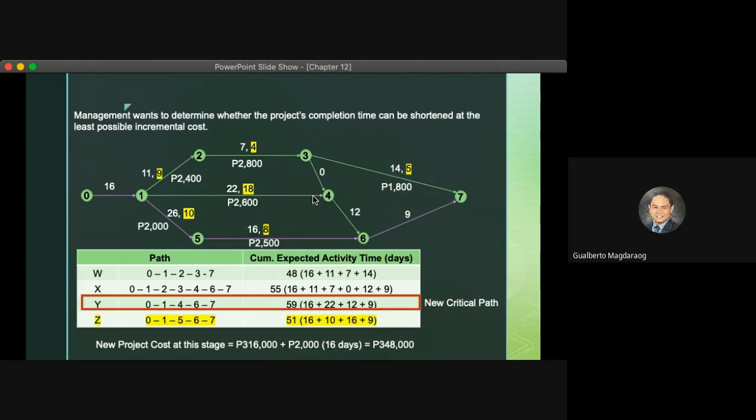Okay, so with the shift of the critical path, we can still shorten the period of the entire project. But this time we will look for an activity to be crushed within the critical path.